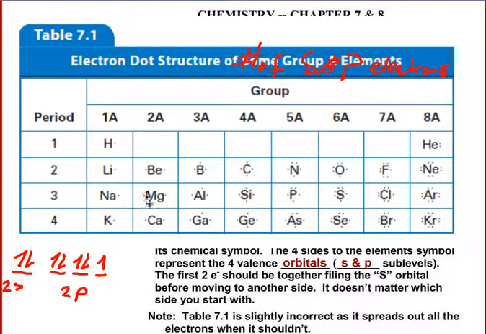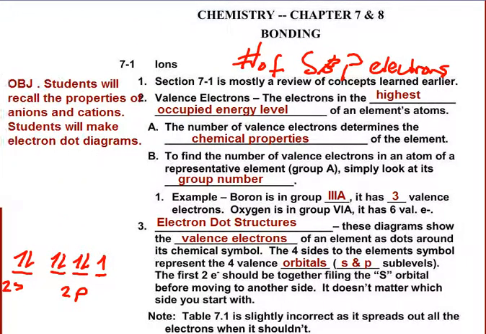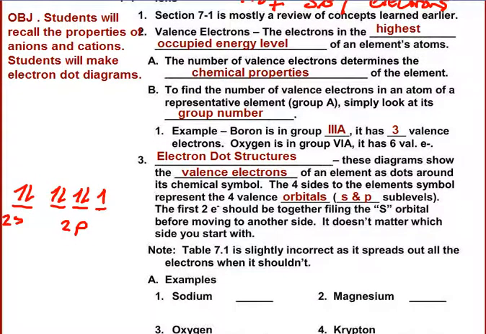So what I want you guys to do is to look at table 7.1 and come up with the electron dot structures for sodium. So we'll do the first one. Sodium is an alkali metal.